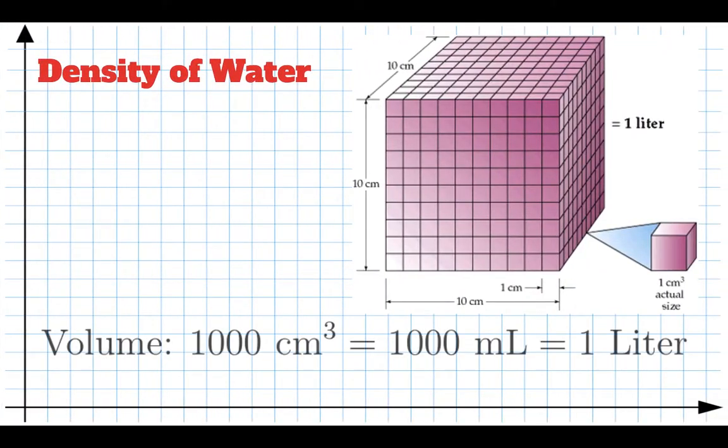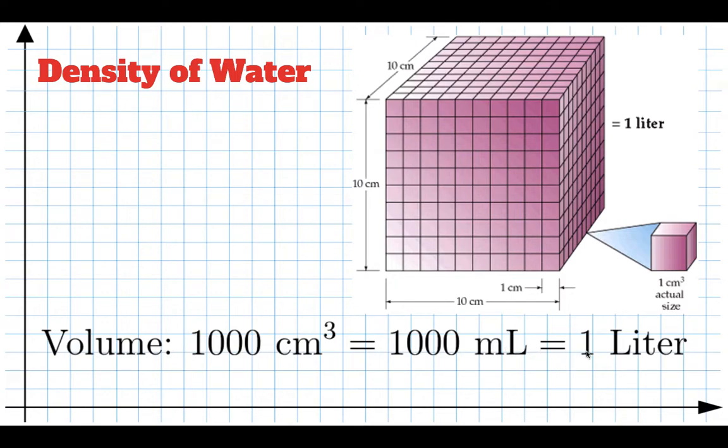So the density of water, although it's 1 gram per centimeter cubed, there's a couple other ways we measure it. So if you imagine a 10 centimeter by 10 centimeter by 10 centimeter block, that's actually 1,000 cubic centimeters, and 1,000 cubic centimeters is also 1,000 milliliters. So the volume 1 milliliter is the exact same as a centimeter cubed.